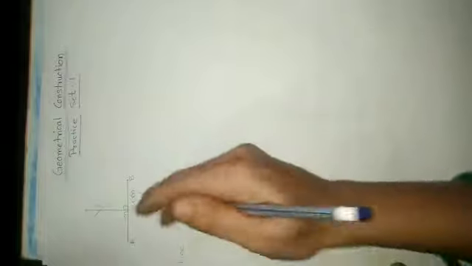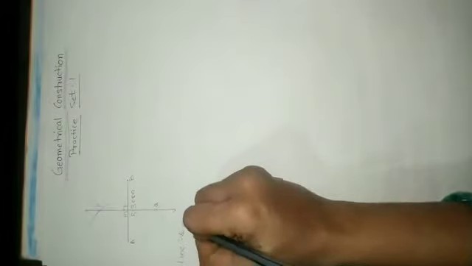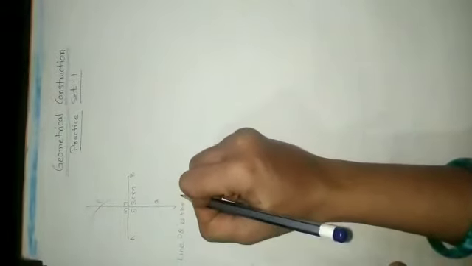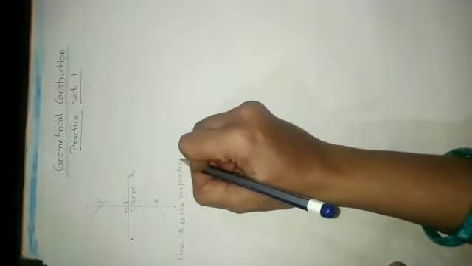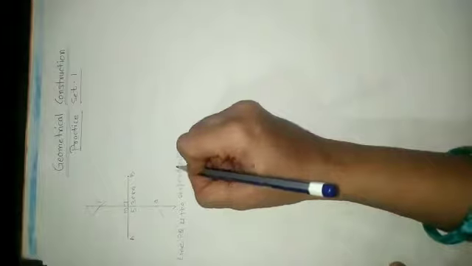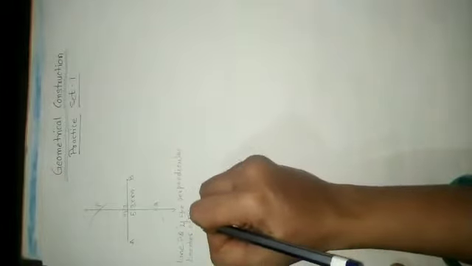Here write line PQ. Line PQ is the perpendicular bisector of AB. This is the first question.